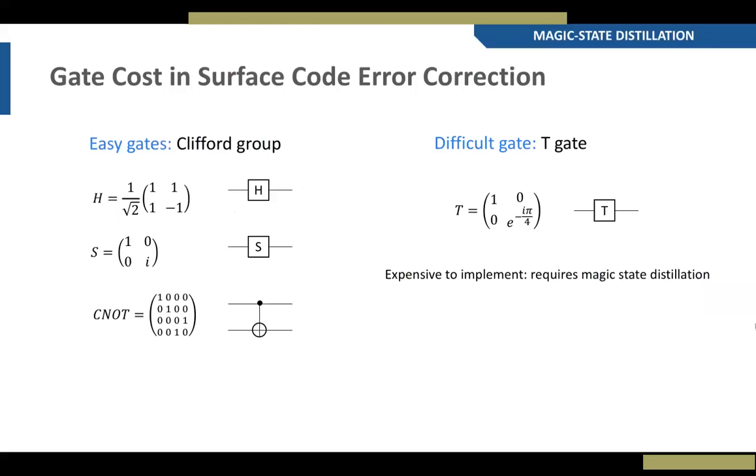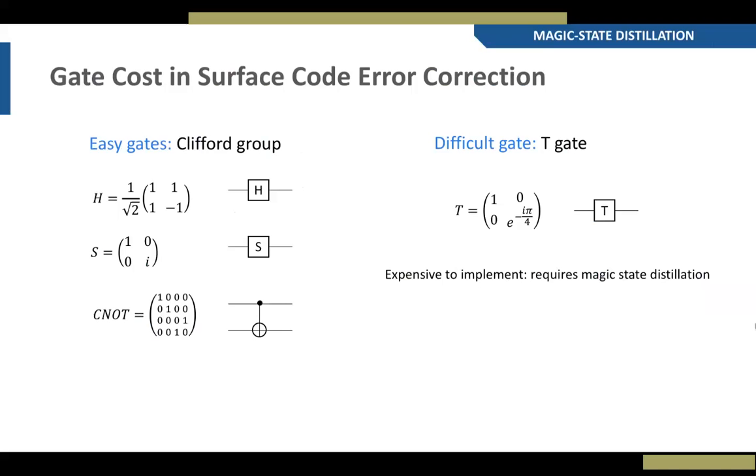These are easier to implement compared to another set of gates, with an example of the T gate shown on the screen. The T gate is essentially a rotation, if you look at the Bloch sphere here, about the z-axis by 45 degrees. And it's harder to implement.